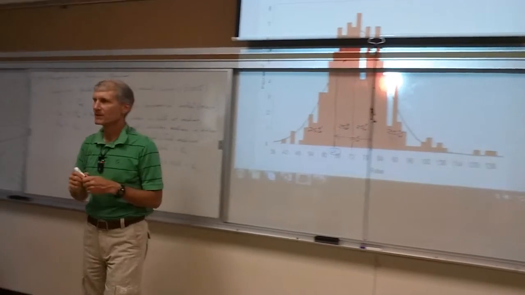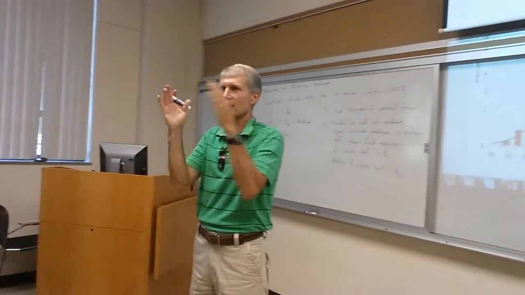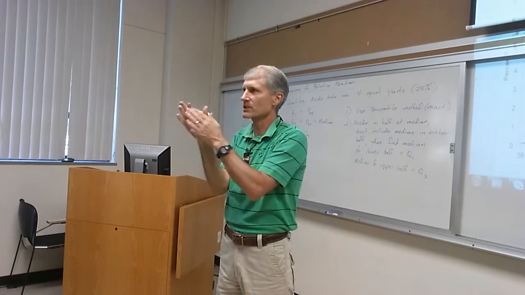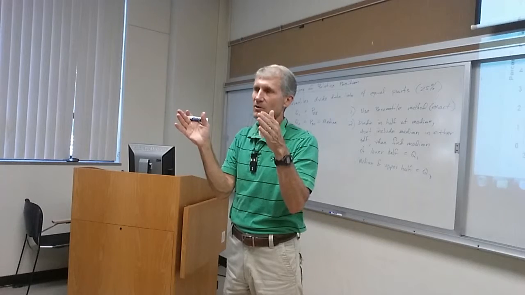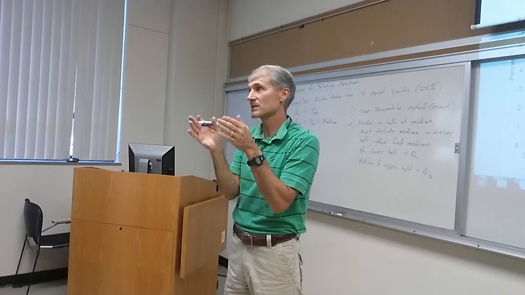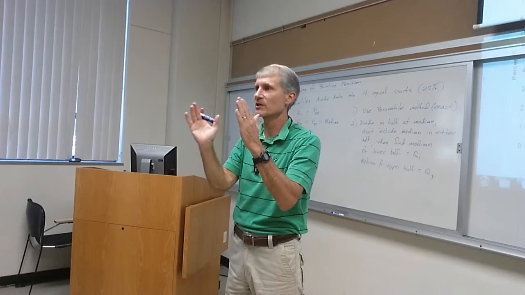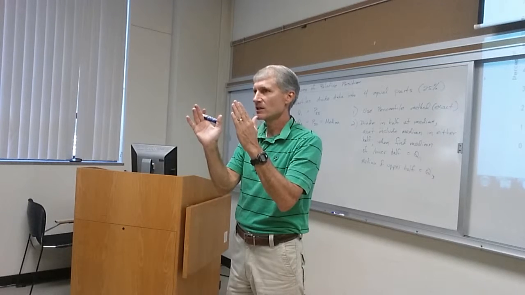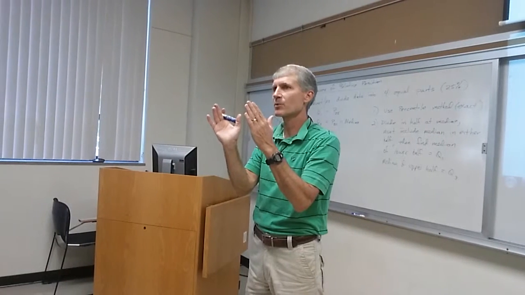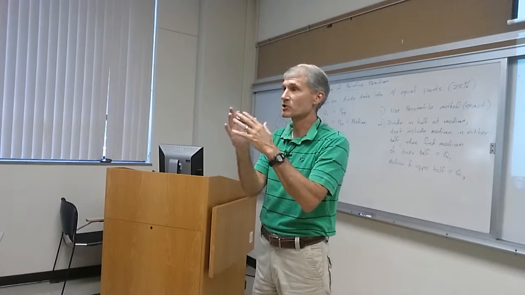So the amount of distance that it takes to get from the first quartile to the third quartile, or another way to say it, the amount of distance it takes to get the middle 50% of your observations, is called the interquartile range. And it's a measure of spread.